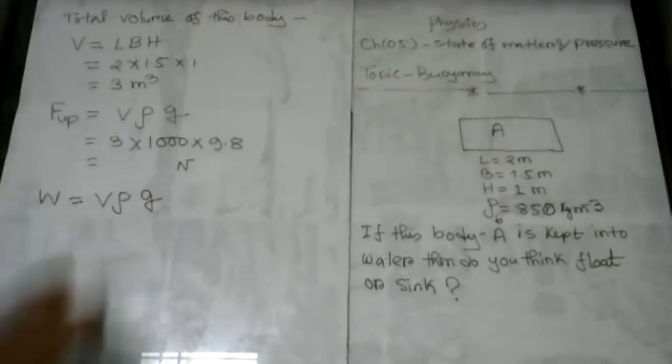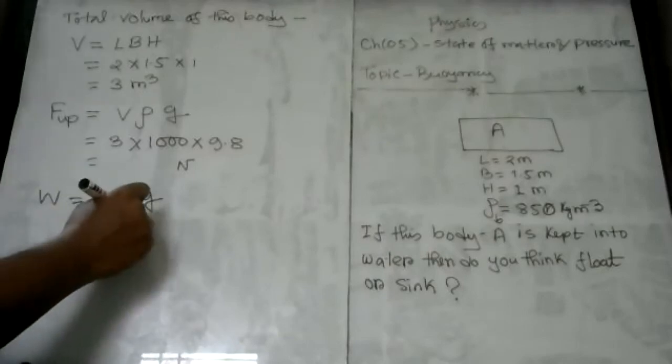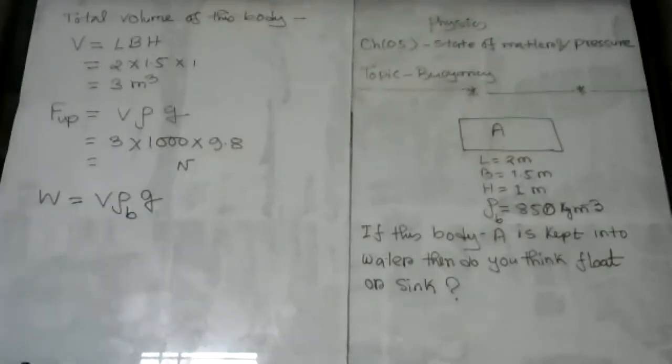Since upward thrust is applied by the liquid, here rho is the density of the liquid. And when you calculate the weight, then here rho is nothing but rho B, the density of the body. Okay. Find out the upward thrust.